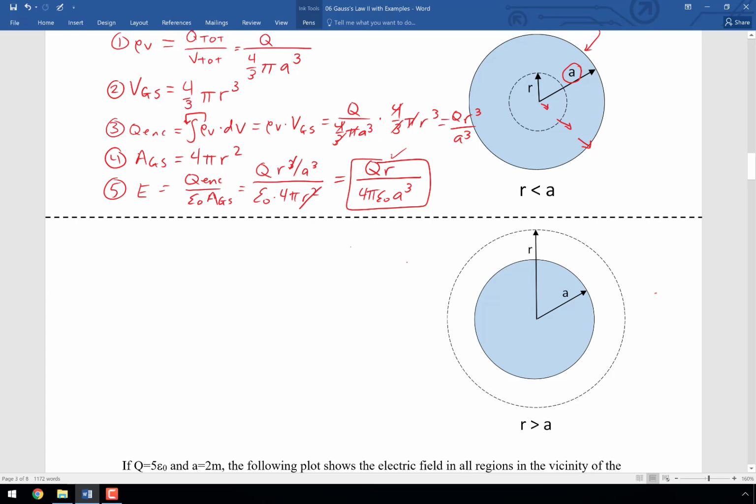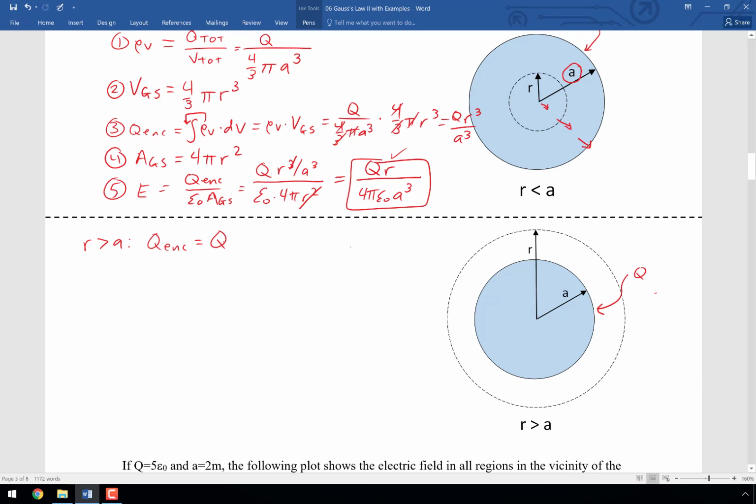What happens if you pass outside the sphere? Well, if r is greater than a, then I know how much charge is enclosed inside this larger Gaussian surface. Remembering that this sphere contains plus q, q enclosed is just q. That's about as simple as it gets.